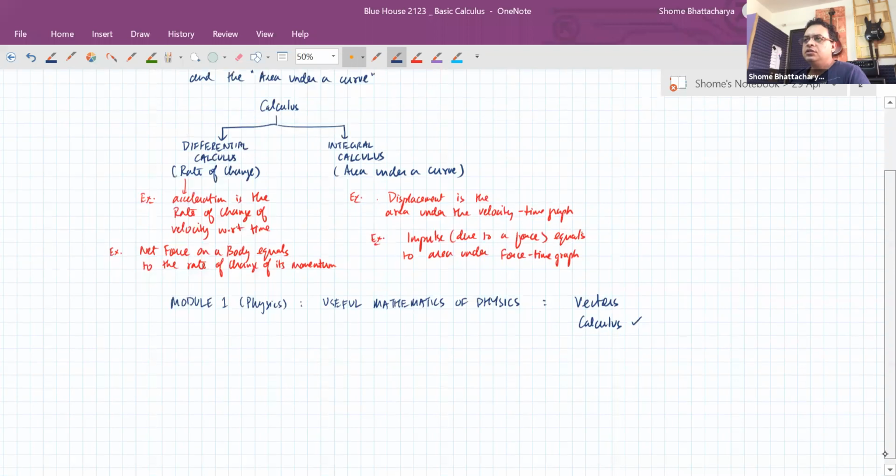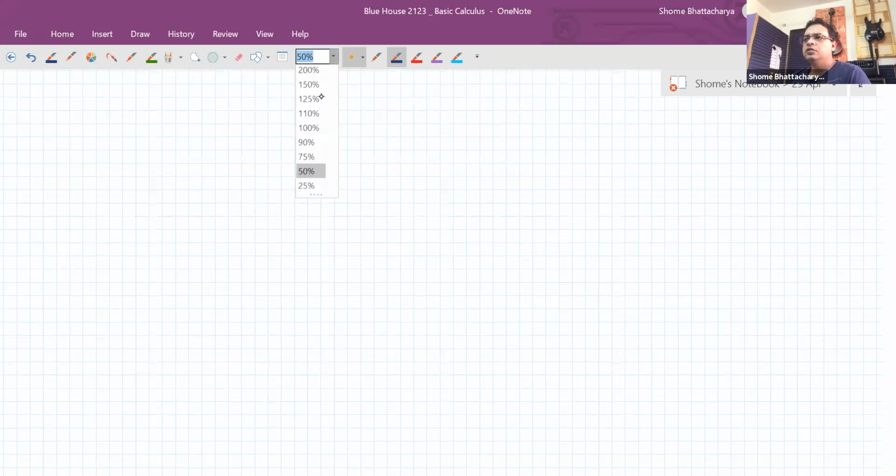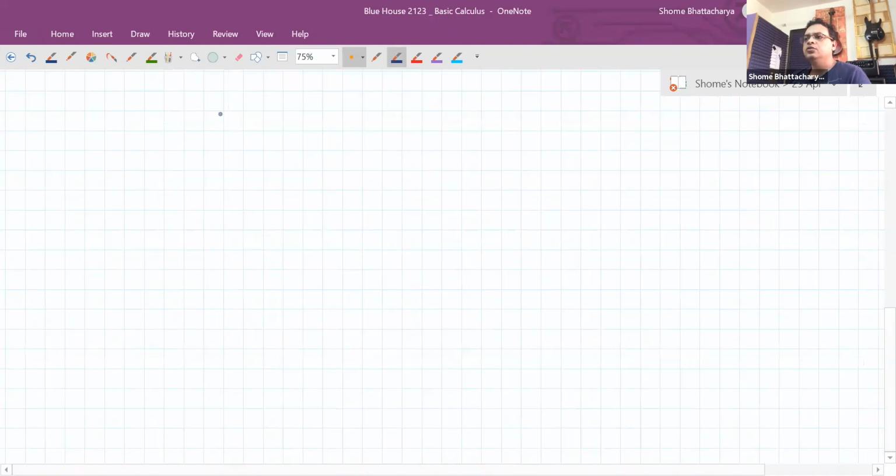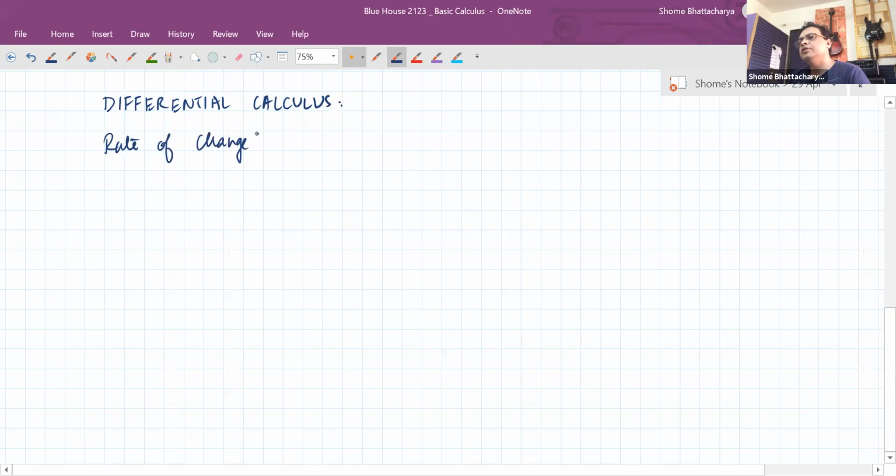So let's come to the concept of differential calculus, and to understand that, the first section of calculus is rate of change. We will talk about this simple principle of rate of change.